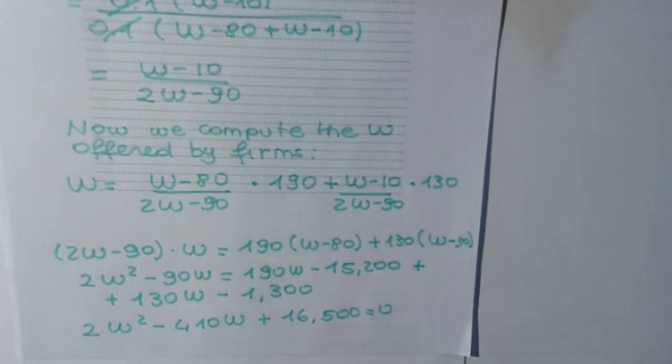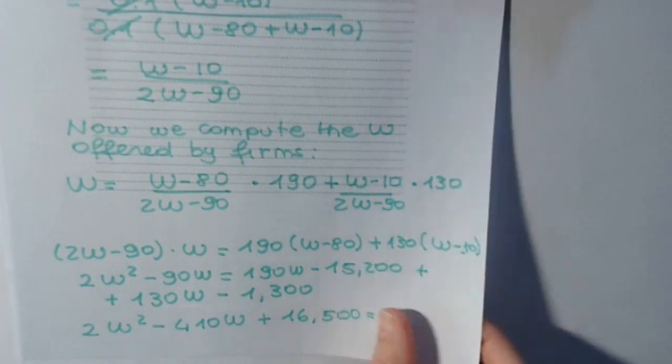How? Dividing everything by 2, and we do this because the computations are easier, okay? So this is what we do now. So we go on and we divide everything by 2. Okay, and so we get W squared.